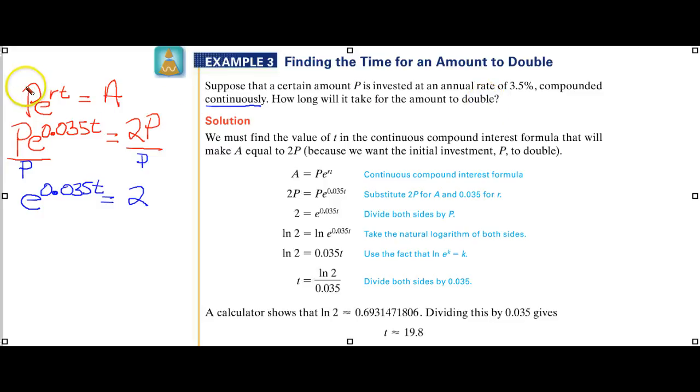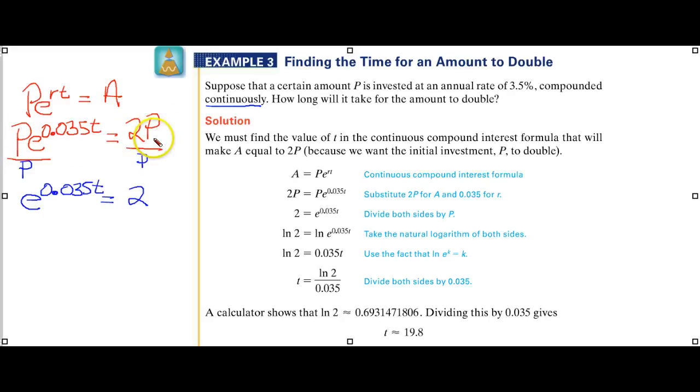Well, we're going to say P, and there's our e, to the rate times time is going to equal the amount. I'm just putting this on the other side. So I'm then going to say I want my A to double. That would be our original value of P. This amount now will be doubled, will be 2P. So I'm replacing the A with the 2P.